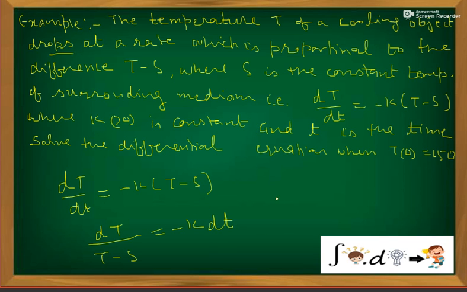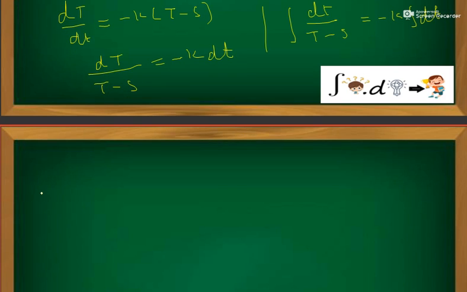Now integrating both sides, it becomes the integral of dT by T minus S is equal to minus K into the integral of dt, and therefore the integral of 1 by T minus S is equal to log of T minus S is equal to minus Kt plus C.